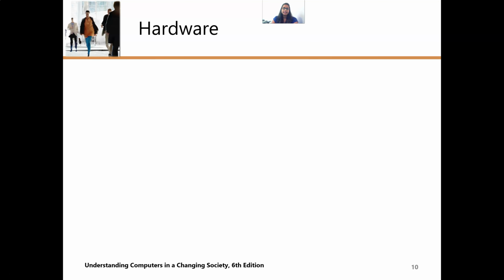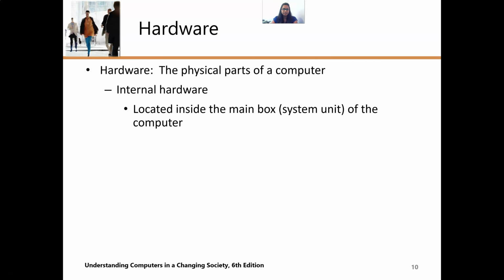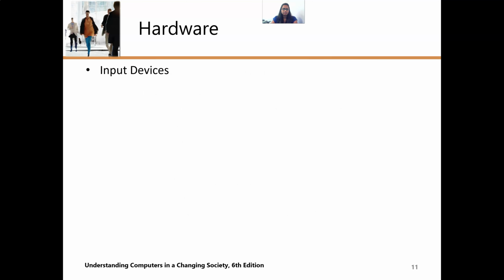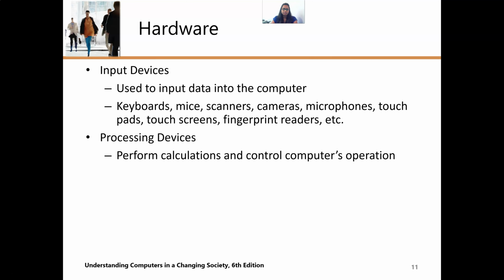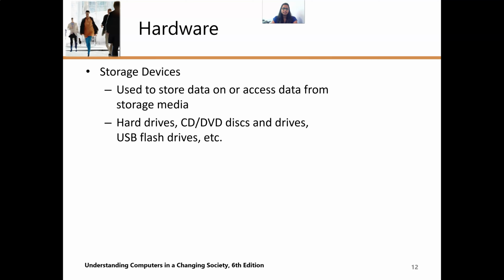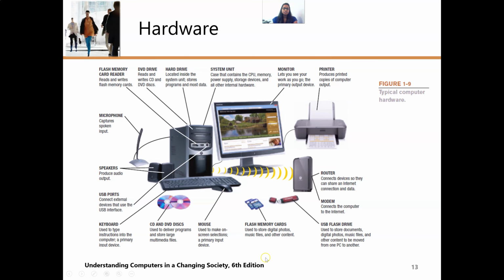So the computer can be divided into 2 different categories. That is, it has a hardware part and it consists of software. What is hardware? The hardware is the physical part of a computer. It could be internal hardware, external hardware, input devices, processing devices, output devices, storage devices, communication, etc. So here it shows the entire collection of hardware.